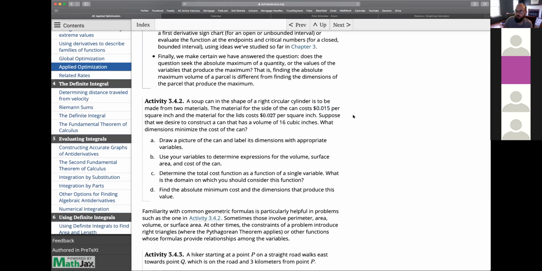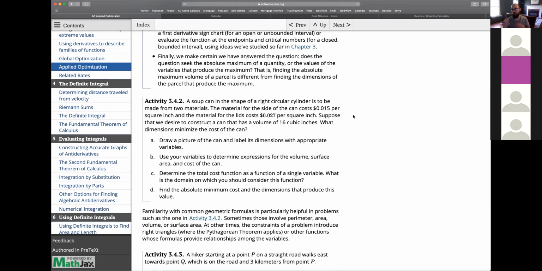What we would like to do is figure out the optimal situation. What are the dimensions of the can that minimize cost? If you're making this, you want the absolute minimum cost of the can under the constraint that it holds the right amount of volume.